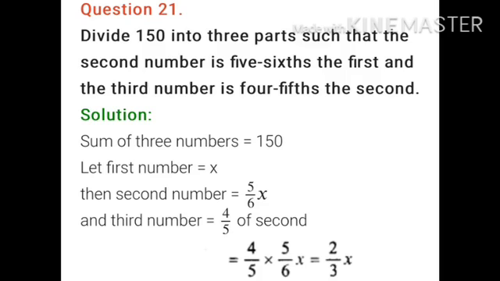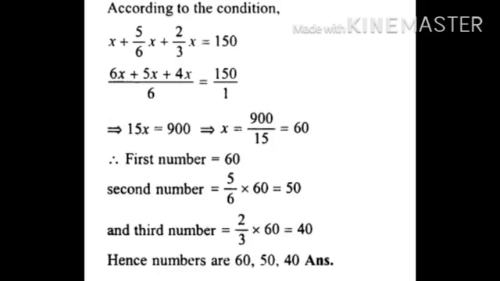We get 2/3x by multiplying 4/5 into 5/6x. According to the problem, add these three numbers: x plus 5/6x plus 2/3x, which is equal to 150, which implies (6x plus 5x plus 4x) upon 6 is equal to 150.